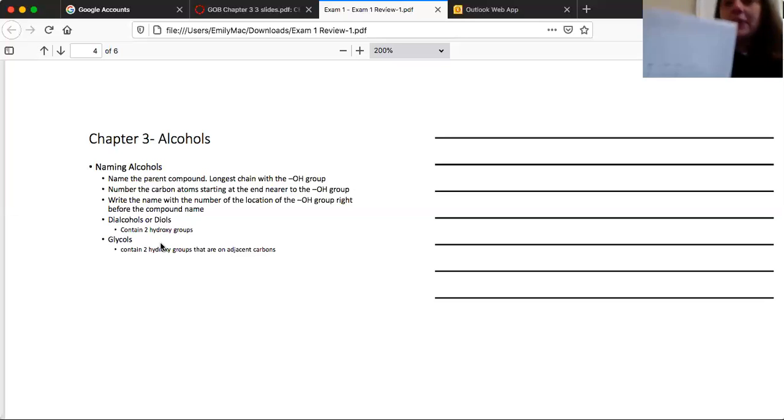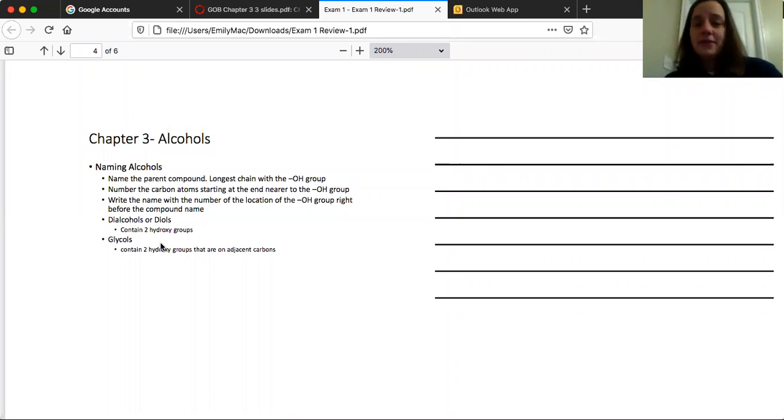Okay, so this would be an example of a glycol. So here's my pencil. Okay, here's the OH group, here's the other OH group. So these are adjacent carbons. Now, if I had put the OH group over here, that would not have been a glycol. So let's say I move this one over here, it no longer would be a glycol. It would still be a diol, but not a glycol.